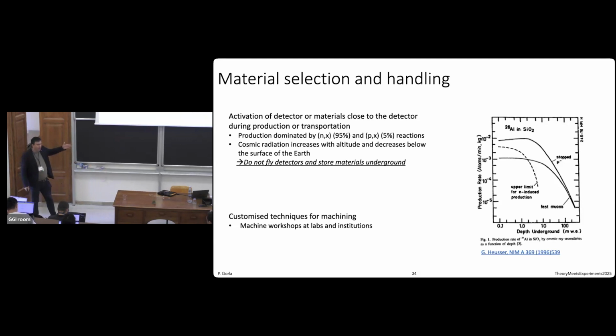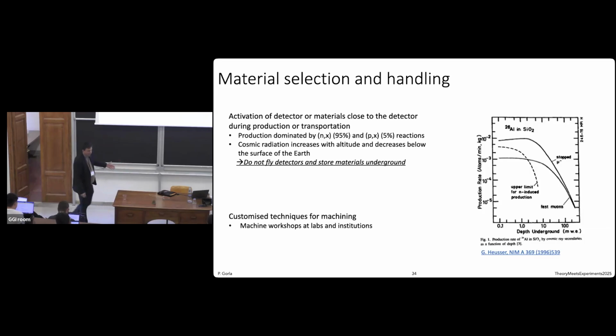So if you build your dark matter experiment, you typically store copper underground, and you have to either machine it underground or simulate the amount of time that the copper can stay above ground before the activation starts to be an issue. For copper, at sea level roughly, for the present generation of experiments it is not needed to machine it underground, but you have to keep it above ground less than a week or a couple of weeks.